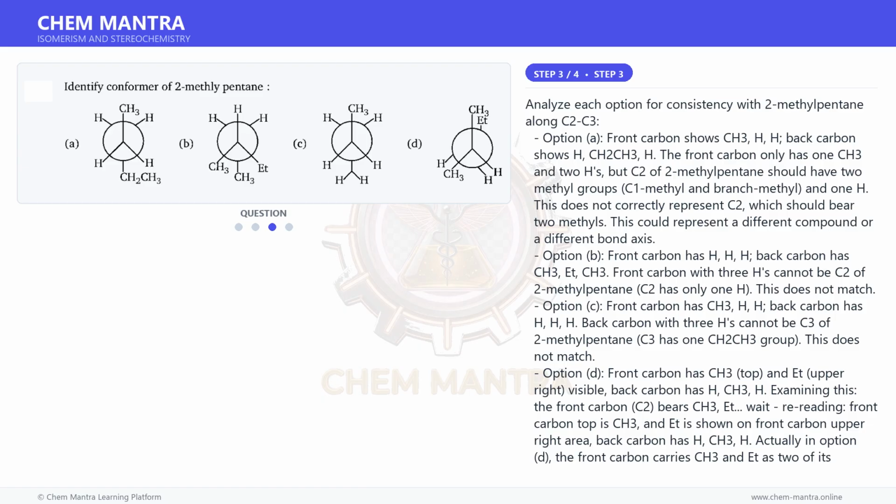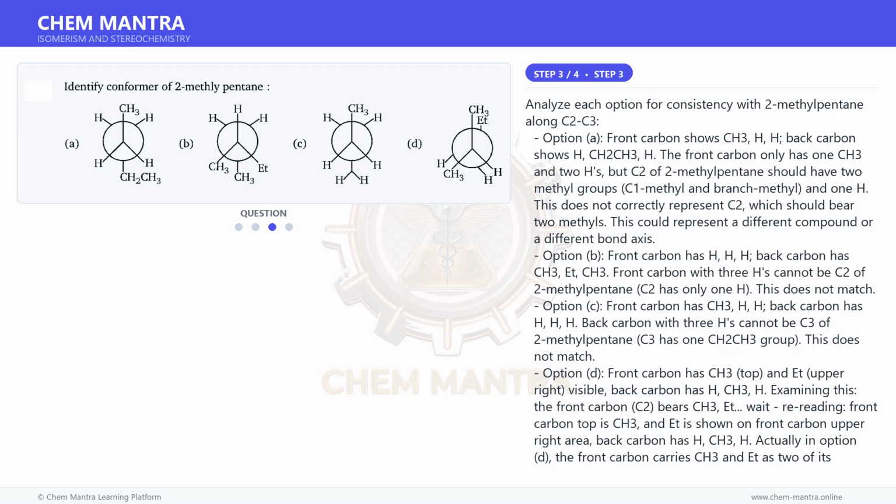This does not match. Option D, front carbon has CH3, top, and at upper right visible, back carbon has H, CH3, H. Examining this, the front carbon, C2, bears CH3. Rereading, front carbon top is CH3, and it is shown on the front carbon upper right area.